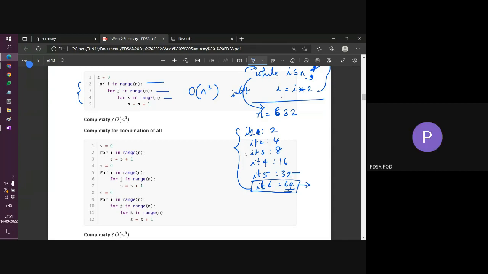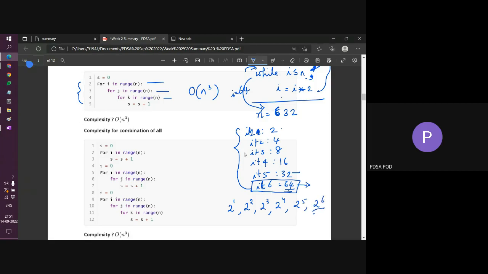Got it? Now I'll give you an intuition, not doing a really intense mathematical calculation here. The number of steps is related to the value: for every doubling of the value, you have the first time 2 power 1, then 2 power 2, 2 power 3, 2 power 4, 2 power 5, 2 power 6.